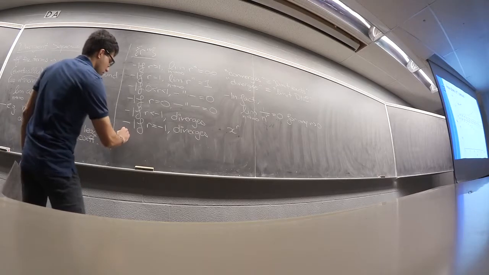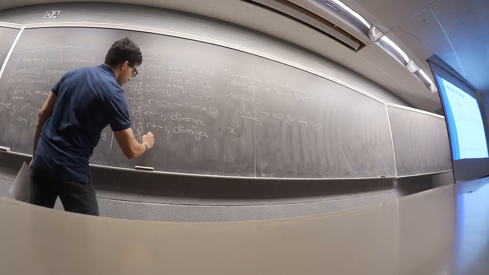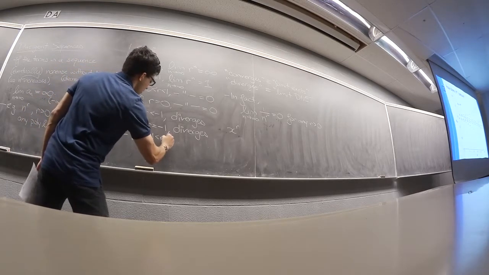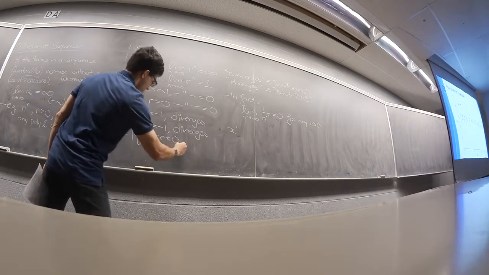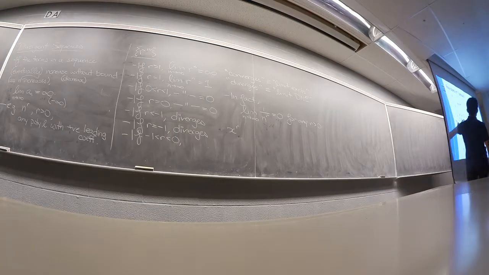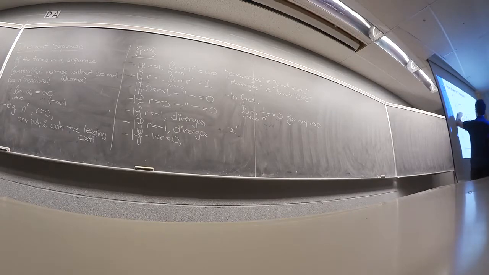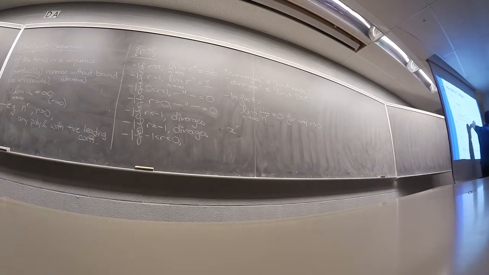And finally, if we're between minus 1 and 0 exclusive, what are we doing? Again, by analogy to the last thing, and the opposite of the blue guy, we bounce back and forth between positives and negatives, but we shrink.